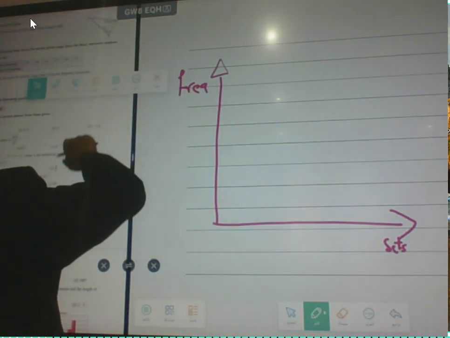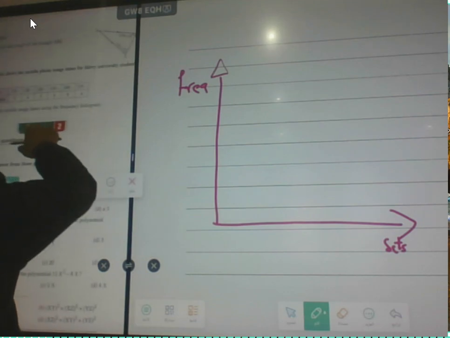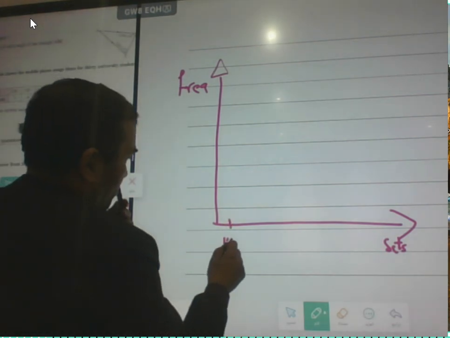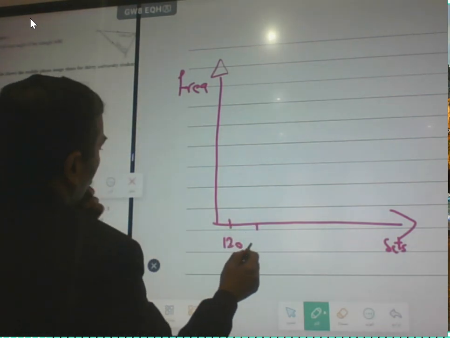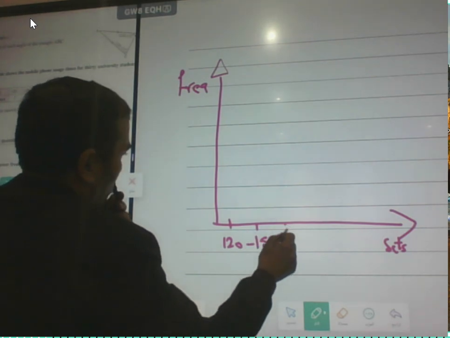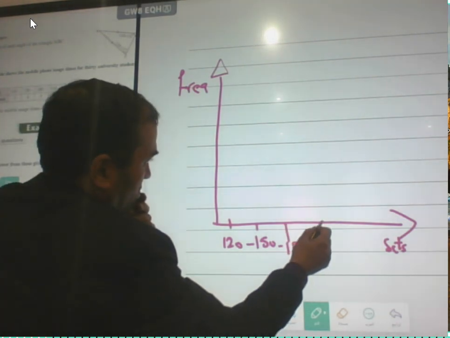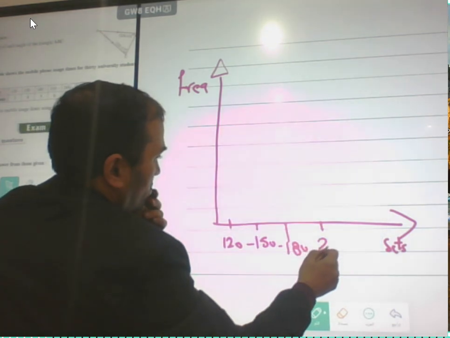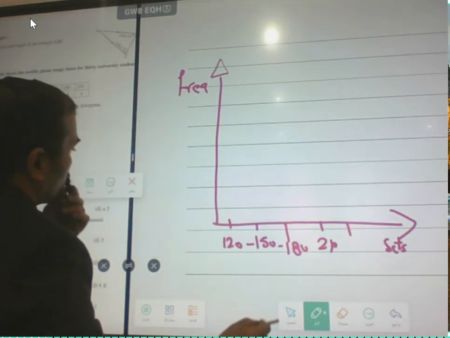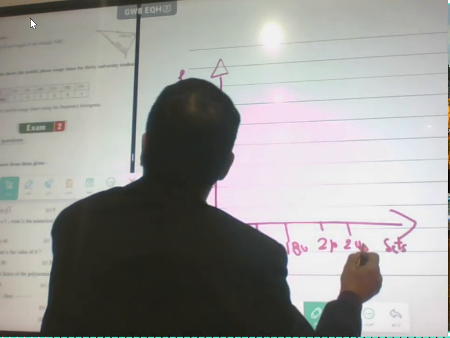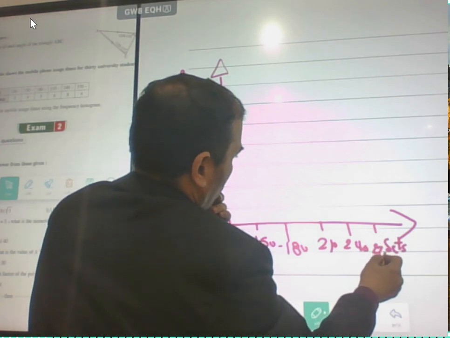First interval here from 120 to 150, and next from 150 to 180, and next 210, next to 240, and 270.